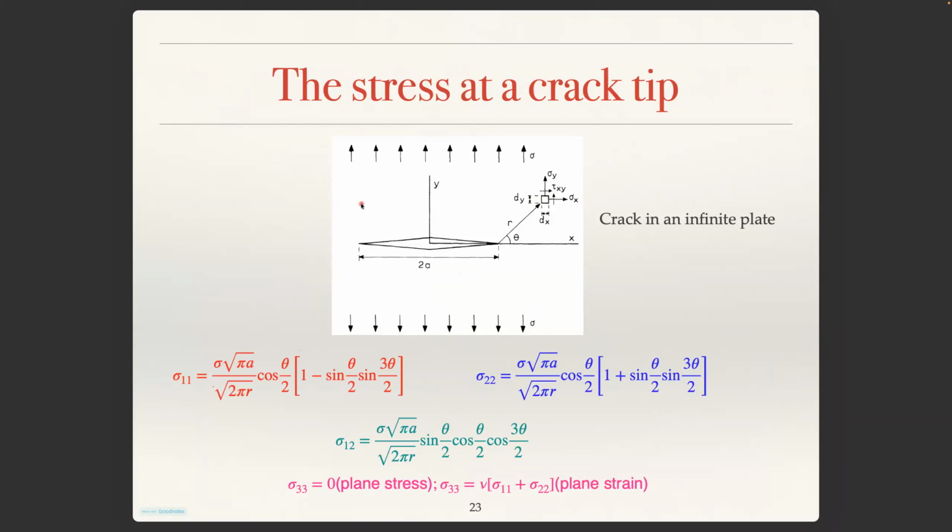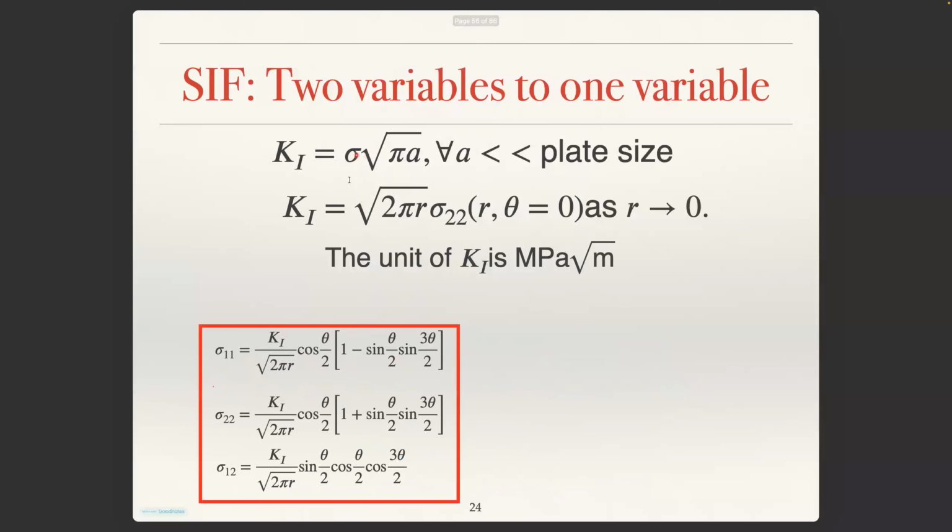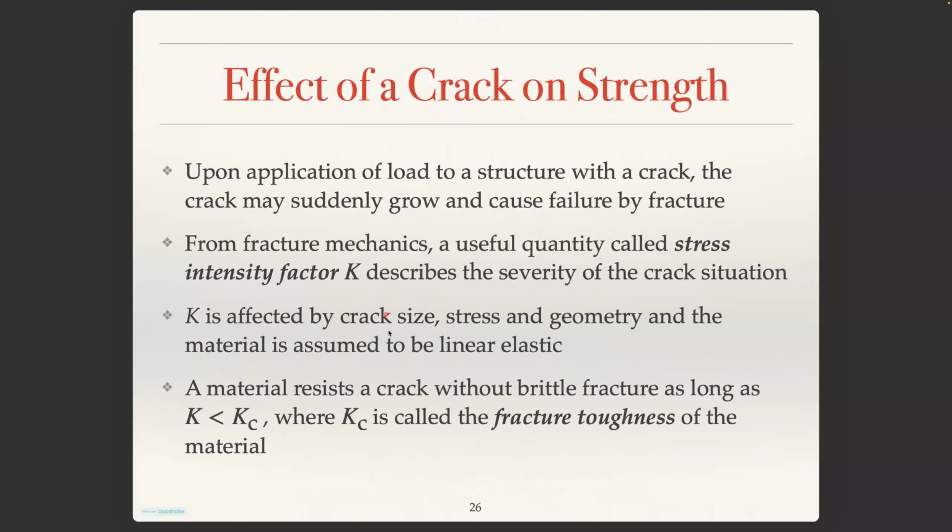If you bring in a finite size, the plate size and plate geometry effect should come in, and hence there will be a factor before that. Instead of K1 being sigma root pi a, it will be some factor beta times sigma root pi a. Beta is what we call the geometric factor. So K is affected by crack size, stress, and geometry when the material is assumed to be linear elastic.